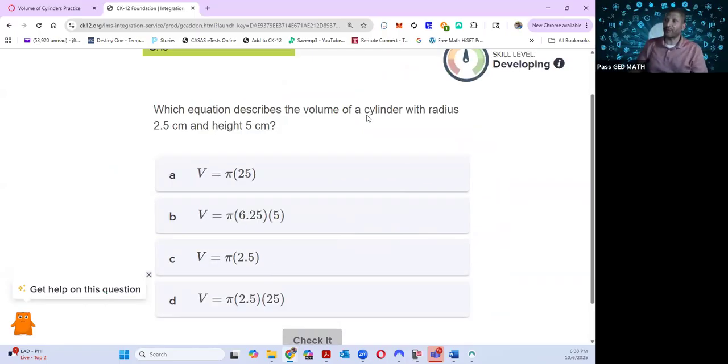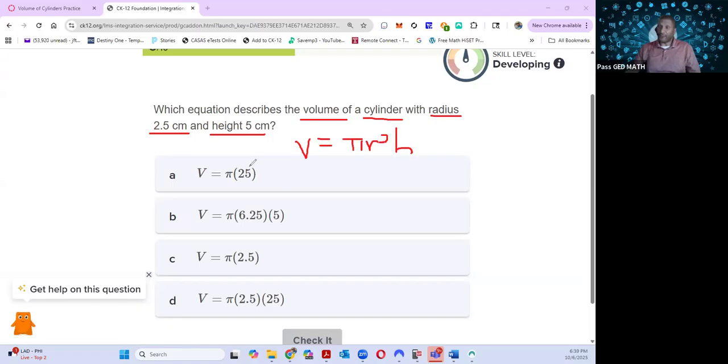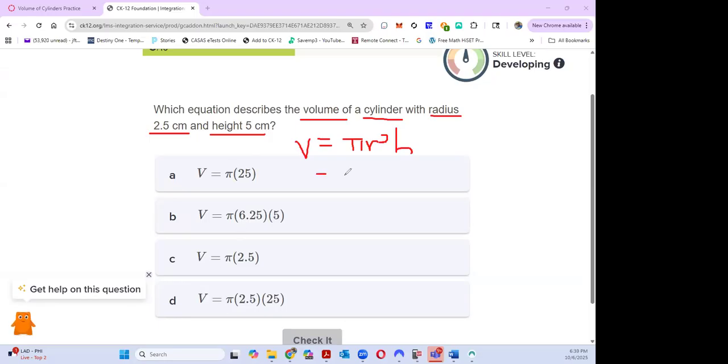Which equation describes the volume of a cylinder with radius 2.5 and a height of 5 centimeters? Identify a cylinder. I want to find a volume. Identify the radius is 2.5. Identify the height is 5 centimeters. I know my formula is pi r squared h. If you notice, all the answers have pi in them, so I'm going to leave that pi.